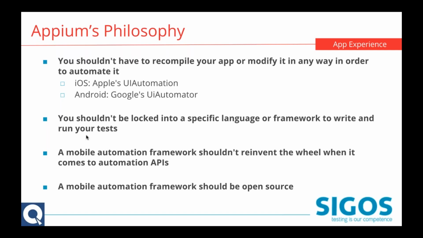Mobile automation frameworks shouldn't reinvent the wheel. So the Appium project really picked up and ran with the architecture of Selenium WebDriver, which has been the standard for automating web browsers. They said, why do anything different for mobile?